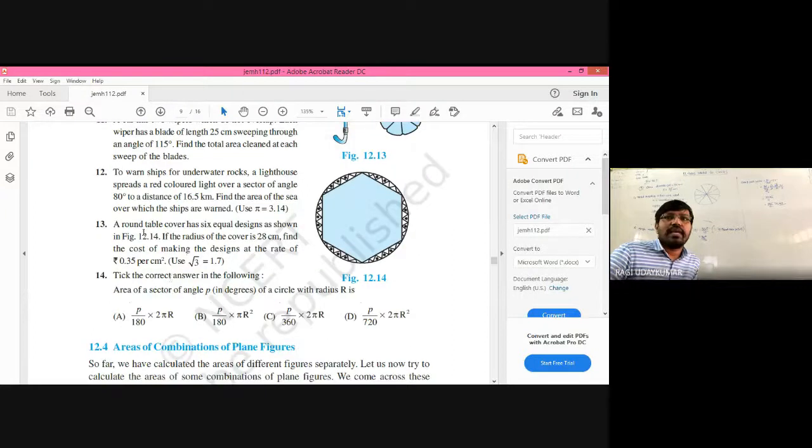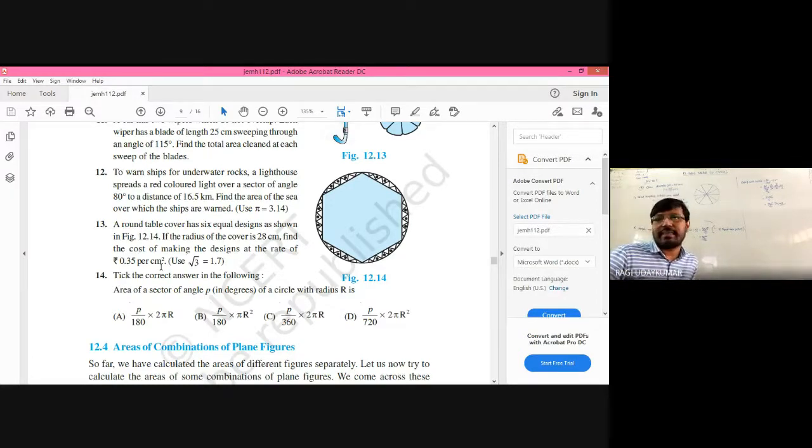Look at the 13th question. A round table cover has 6 equal designs, as shown here in figure 12.14. If the radius of the cover is 28, find the cost of making each design at the rate of 0.35 per centimeter square. Okay, if you want, I will explain this problem.